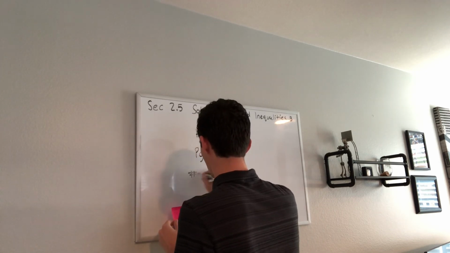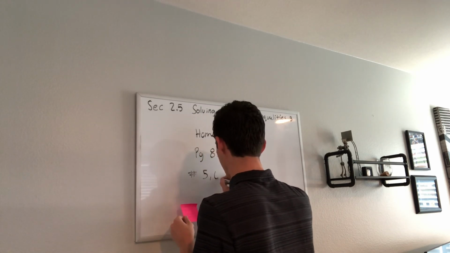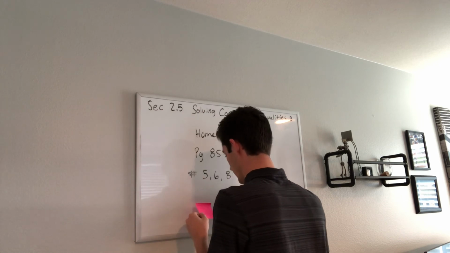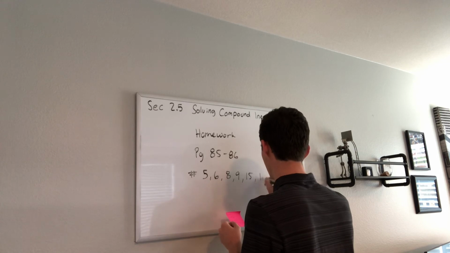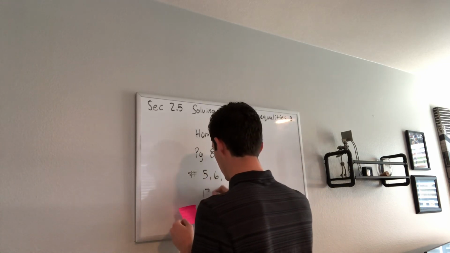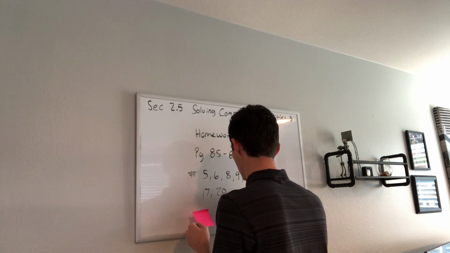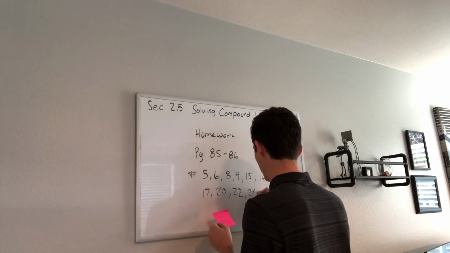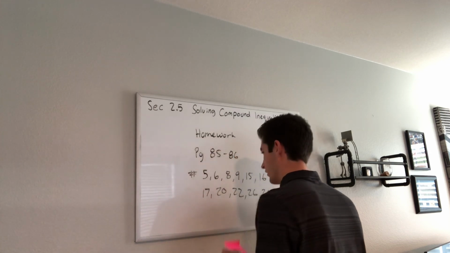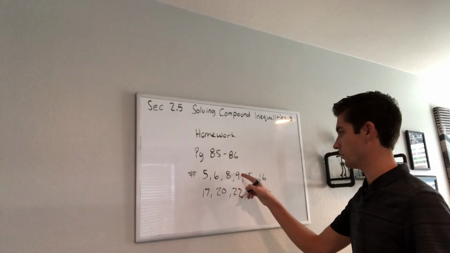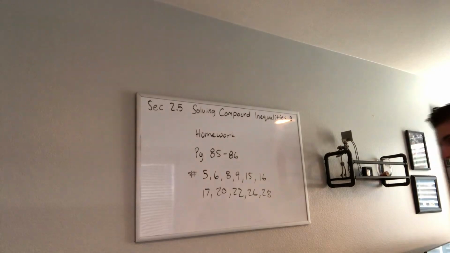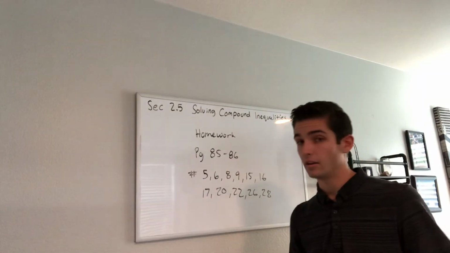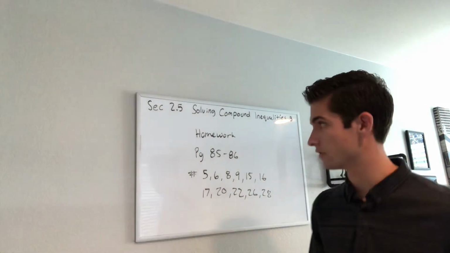Numbers 5, 6, 8, 9, 15, 16, 17, 20, 22, 26, and 28. There's only 11 problems, so it's not that bad. It just kind of skips all around the page, right? And it will only be OR graphs, so it's not that bad.